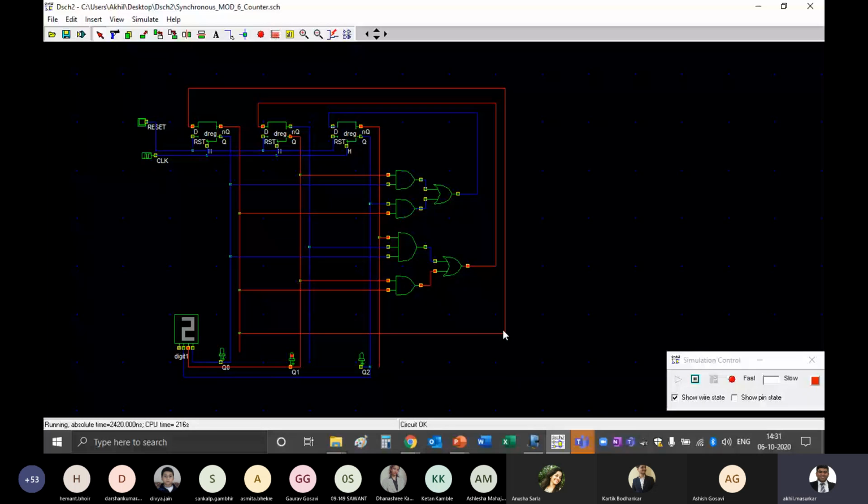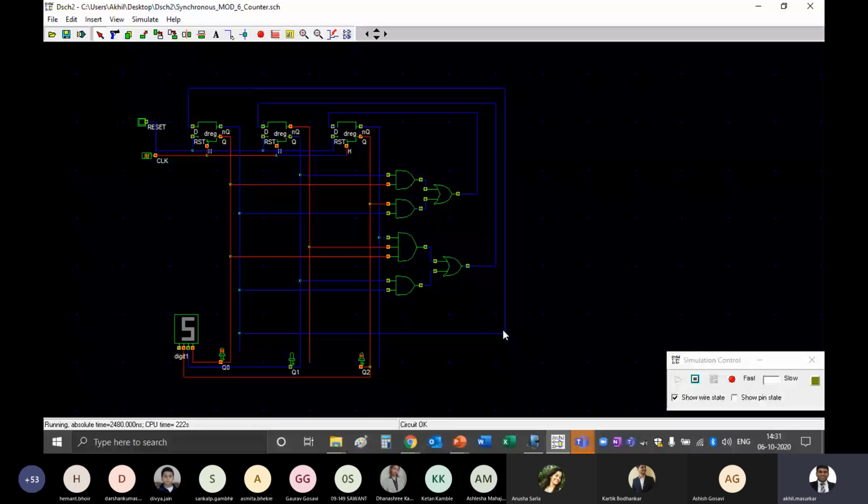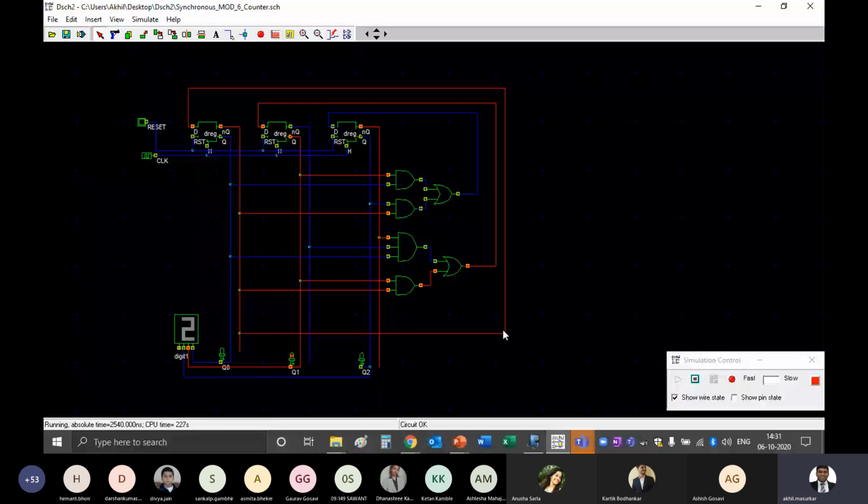Now you may ask me why only 0, why not 1? You can choose any one of the valid states. For a mod 6 counter, the valid states are 0, 1, 2, 3, 4, and 5, and the invalid states are 6 and 7.